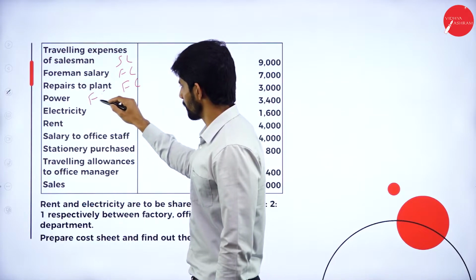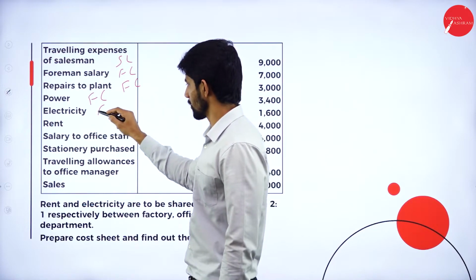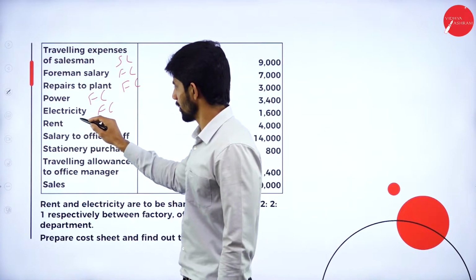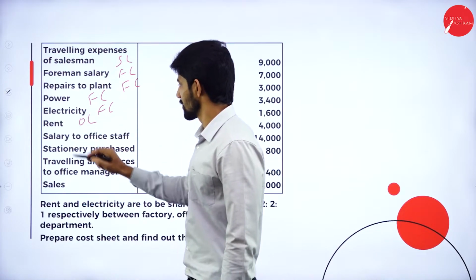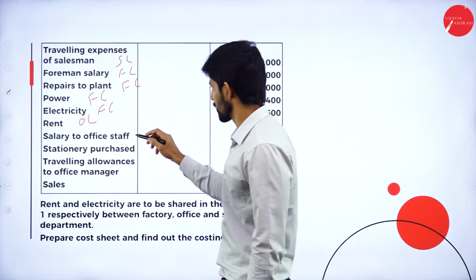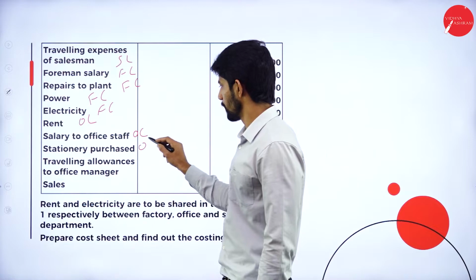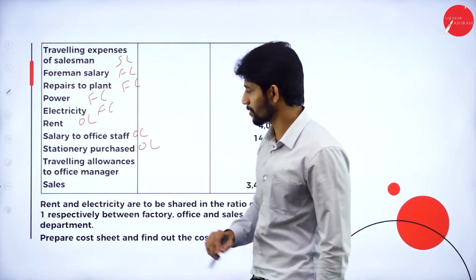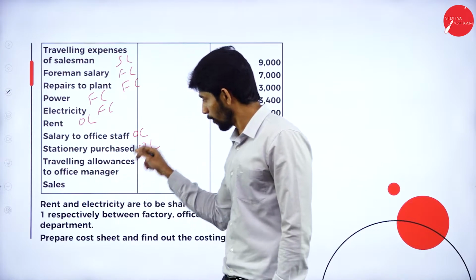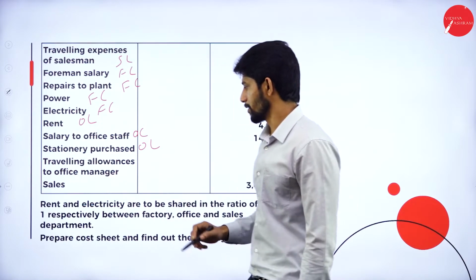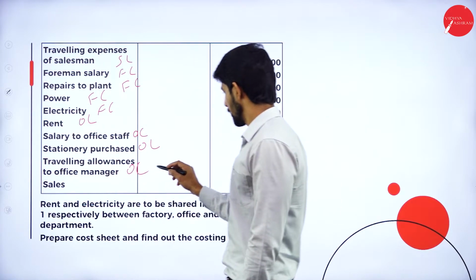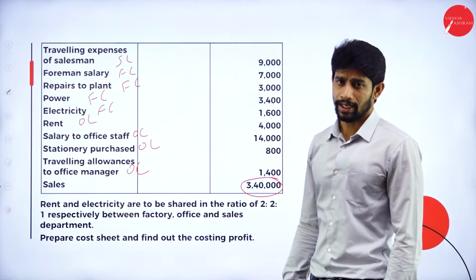Power, factory cost. Electricity, factory cost. Rent, office cost. Salary to office staff, office cost. Stationery purchased, office cost. Traveling allowances to office manager, office cost. Next, sales, it is 3,40,000.